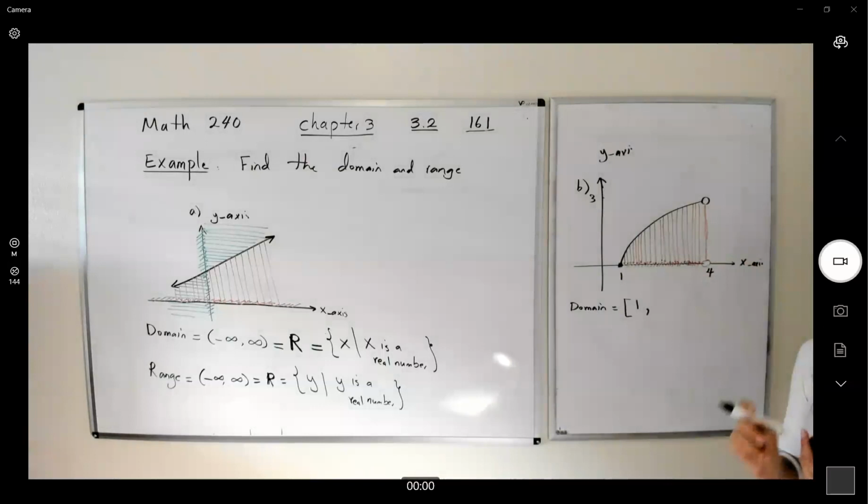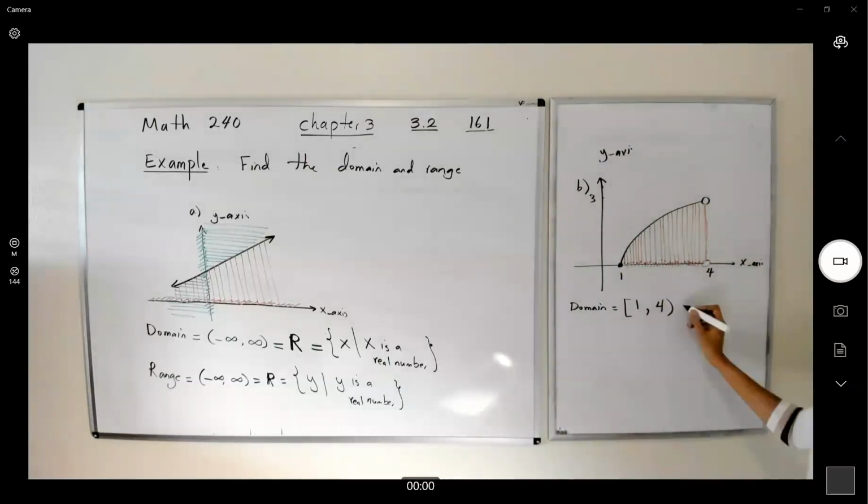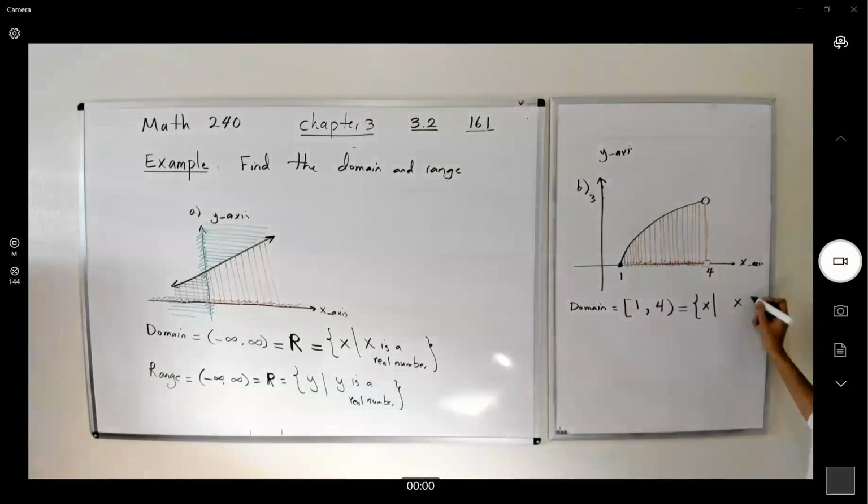So we use parentheses to show that that point doesn't belong to this domain. We can also use set notation, the set of all x values such that x is in between 4 and 1 is included. How about the range of the function?